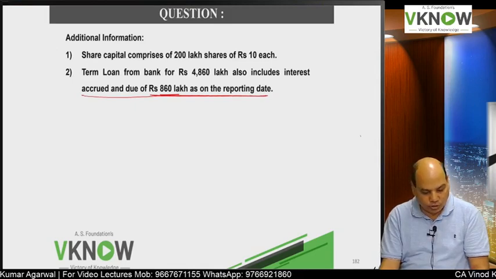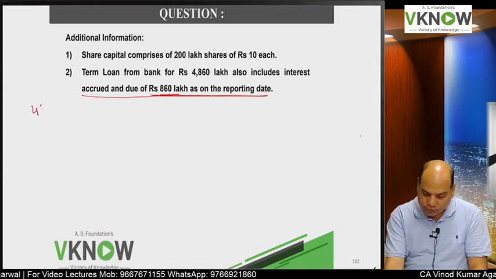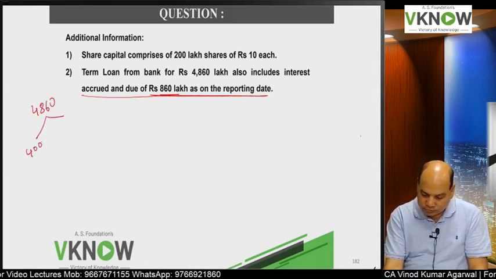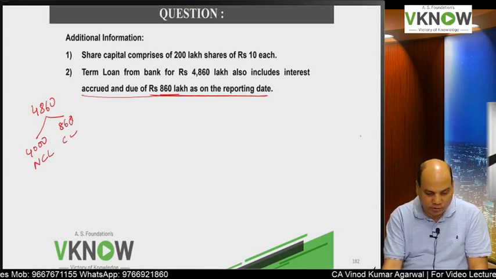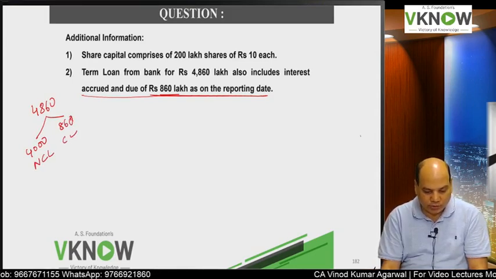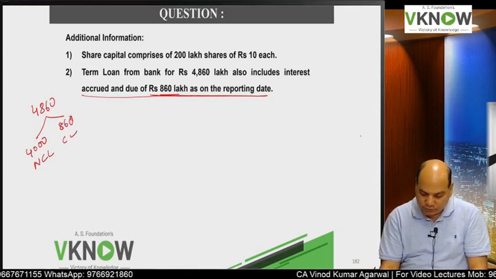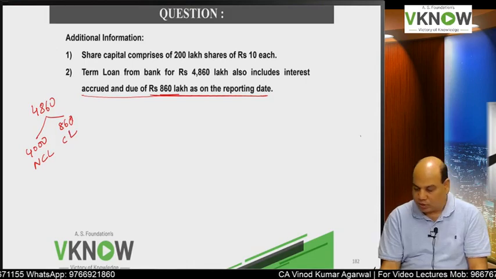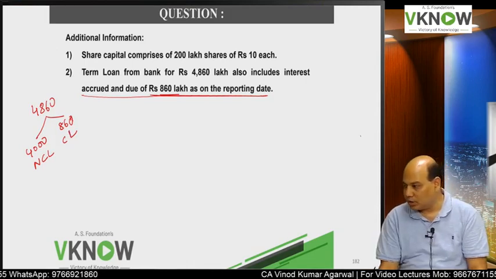So if you see your question, note number 2, term loan is 4860. Out of that, 4000 will come in non-current liability and 860 will come in current liabilities under the head financial liabilities, because the amount is contractually payable in cash.